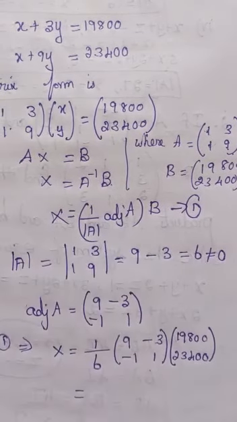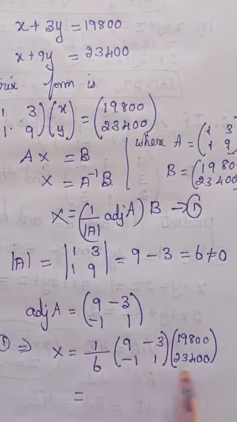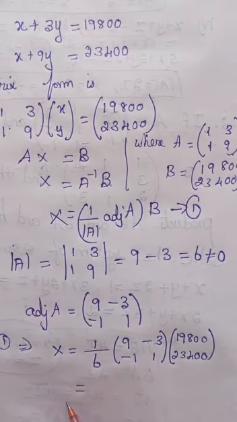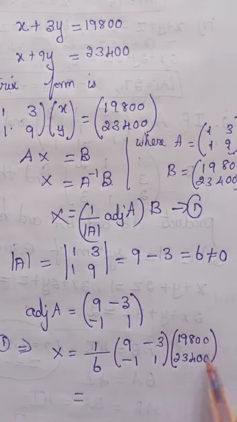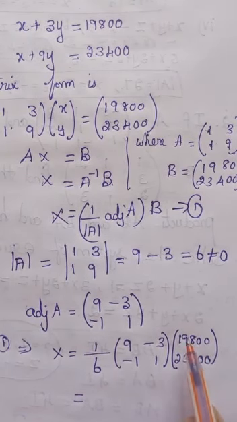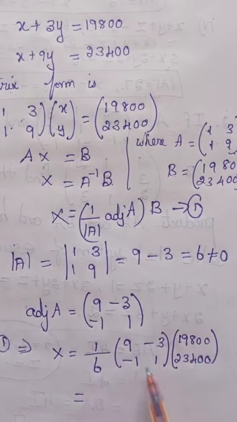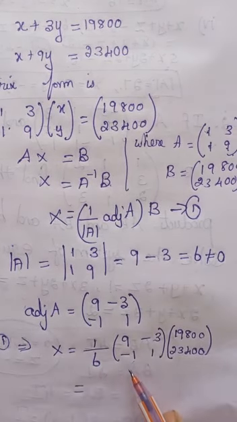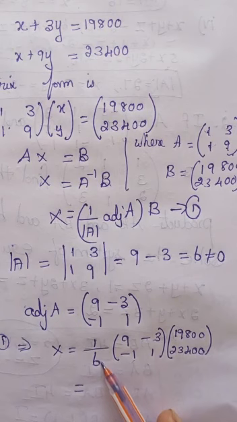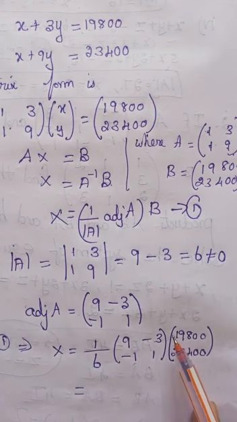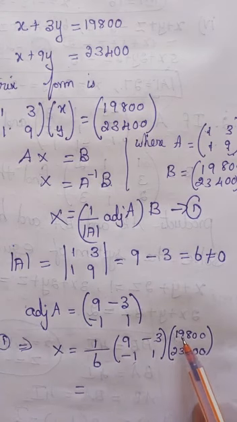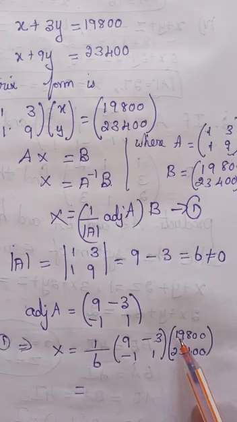To make it simple, if there is any common number, we can take it out. 100 is common. If there is a 6 in these numbers, we can take that 6 outside too. Here 6 threes are 18, and again 6 threes are 18.